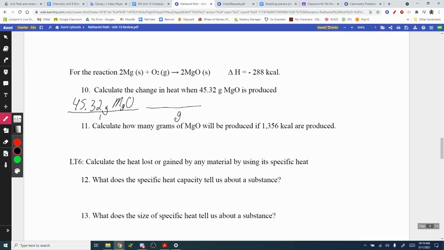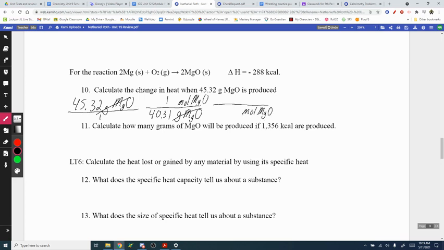We do grams of MgO, moles on top. 1 next to moles, our molar mass next to grams. Grams cancel out. We're left with moles. That is not where we want to be, so we need another conversion factor.